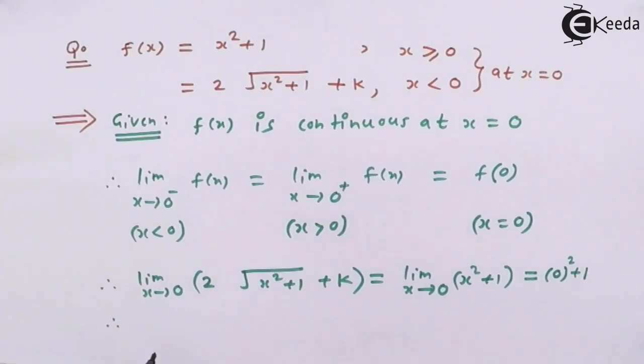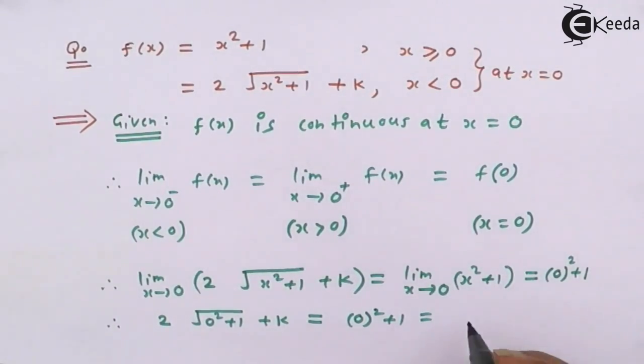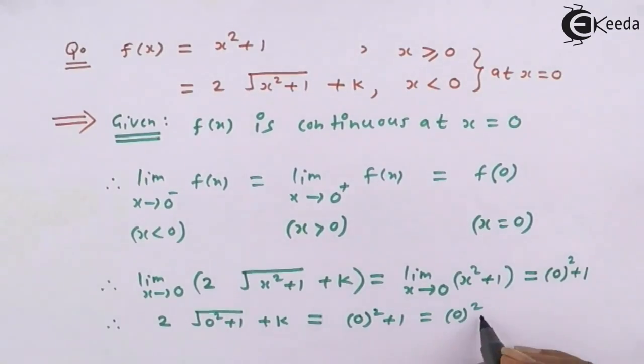Therefore, now whenever we substitute x as 0, we have 2 into square root of 0 square plus 1 plus k is equal to 0 square plus 1, equal to 0 square plus 1.